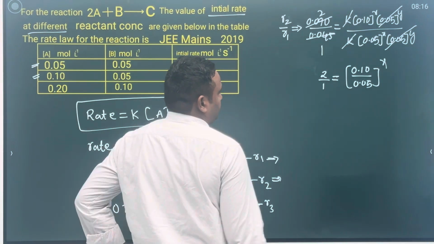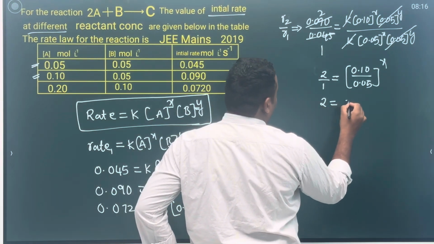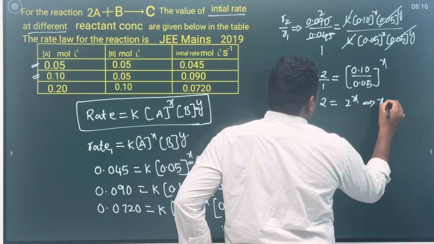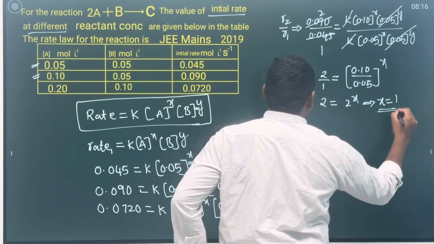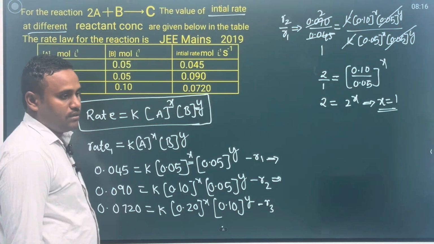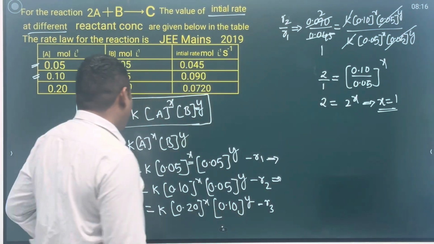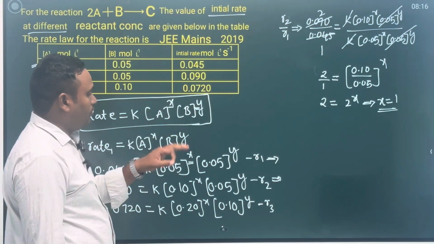So 2 is equal to 2 power x. Therefore, if the bases are same, the powers are equal. So x is equal to 1, which means the order with respect to A is 1.